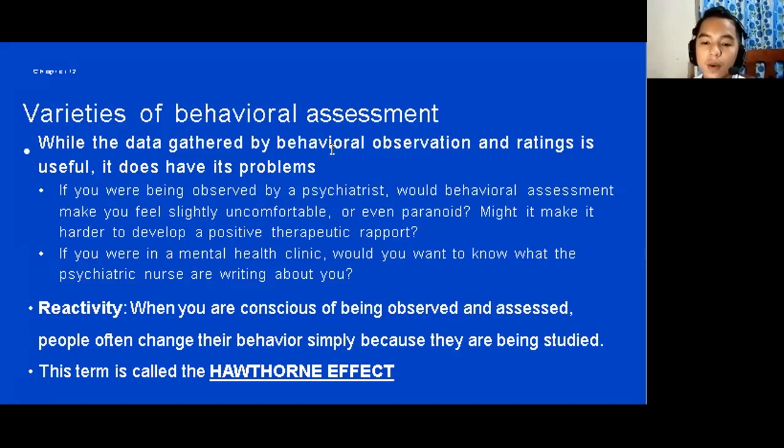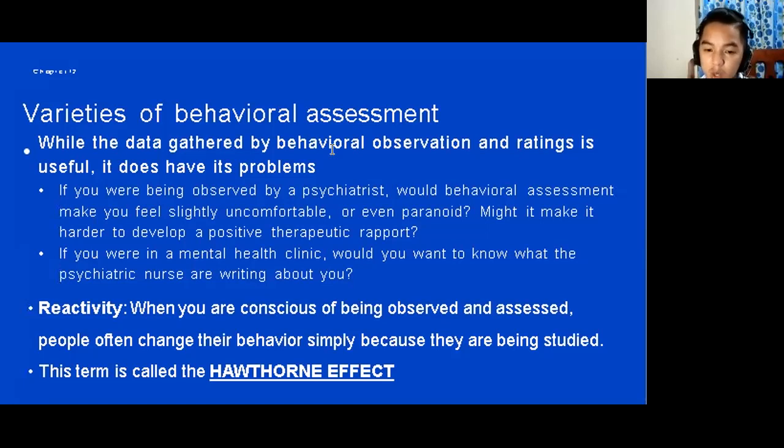If you were being observed by a psychiatrist, would behavioral assessment make you feel slightly uncomfortable or even paranoid, or might it make it harder to develop a positive therapeutic rapport? Or if you were in a mental health clinic, would you want to know what the psychiatric nurse is writing about you?